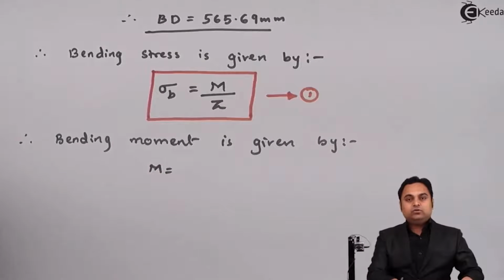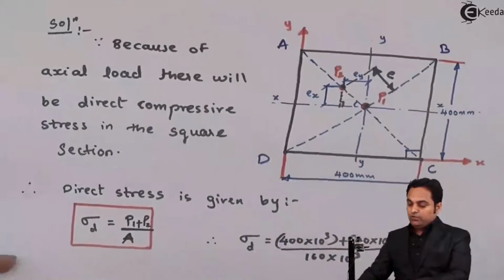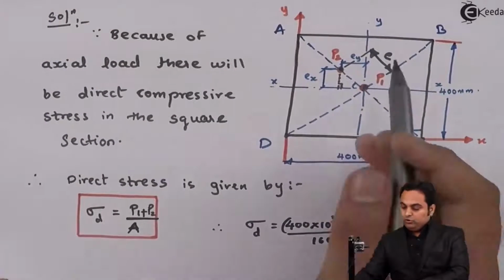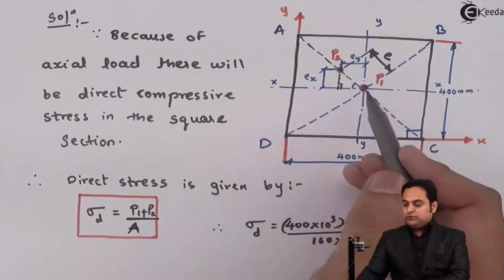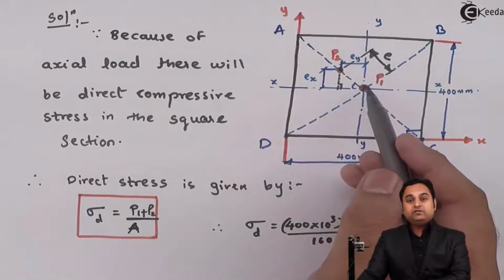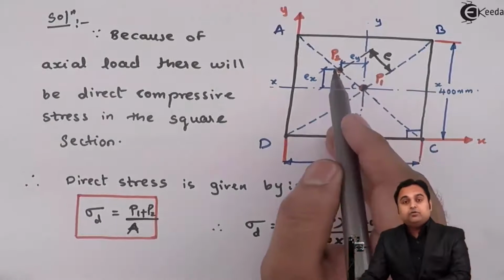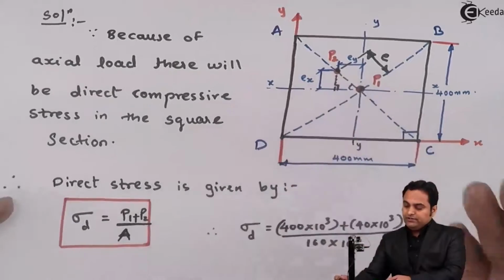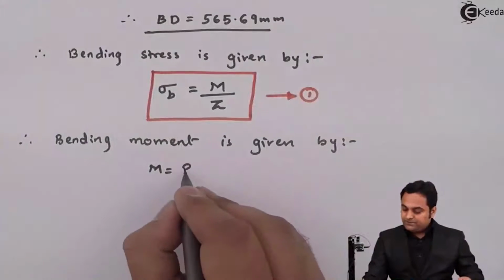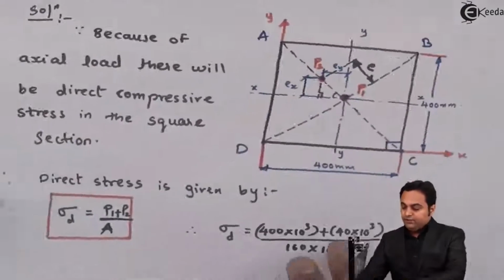now bending is only because of load P2. Since P1 was axial, because of P1 there is no bending, there is only compression. But because of P2 there is compression as well as bending. So here I'll write down bending moment is P2 into the eccentricity.